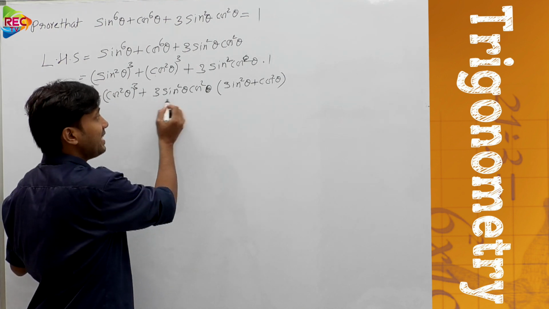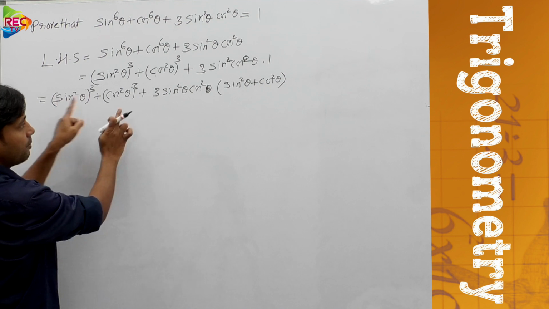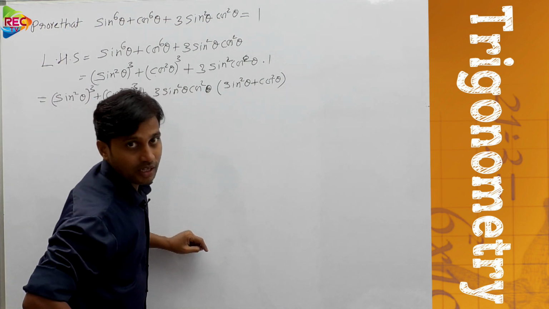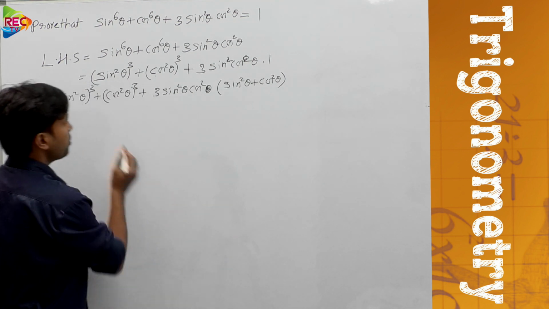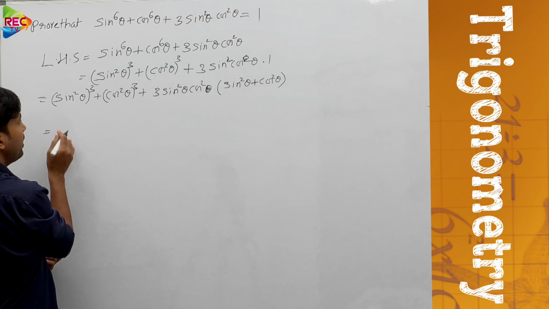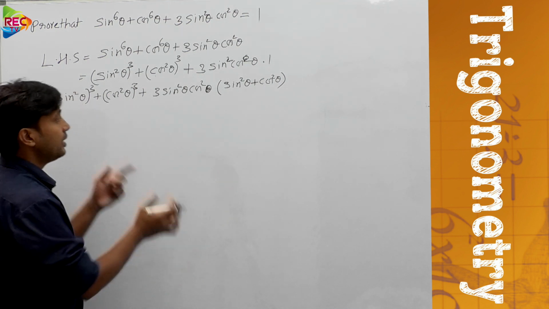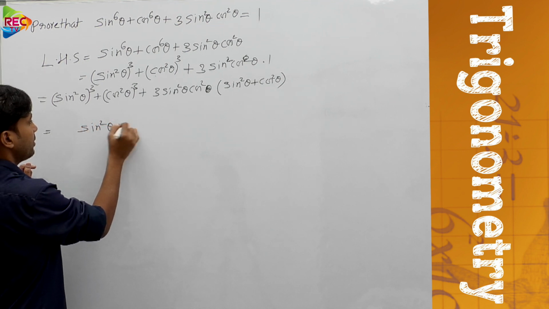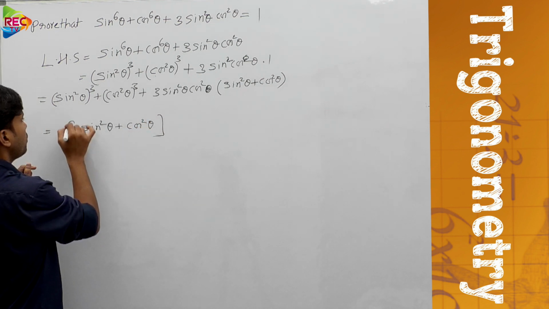That means this is 3ab into (a plus b). Means a cube plus b cube plus 3ab into (a plus b). Now is it an expansion of (a plus b) whole cube or not? Exactly. So we can write this as (a plus b) whole cube, where a is sine square theta and b is cos square theta. So we can write this as (sine square theta plus cos square theta) whole cube.